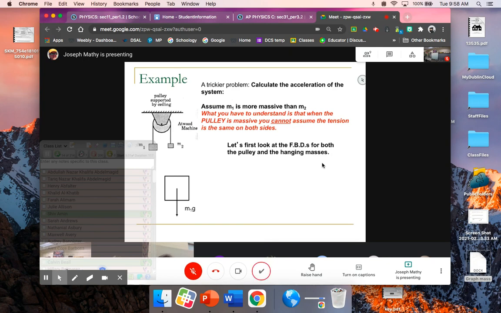Now, here's the reason why I like these problems, ladies and gentlemen, is we're just not used to factoring in how a spinning object plays into things. When we did Atwood problems before, I think you all can agree that we focused on these blocks right here.